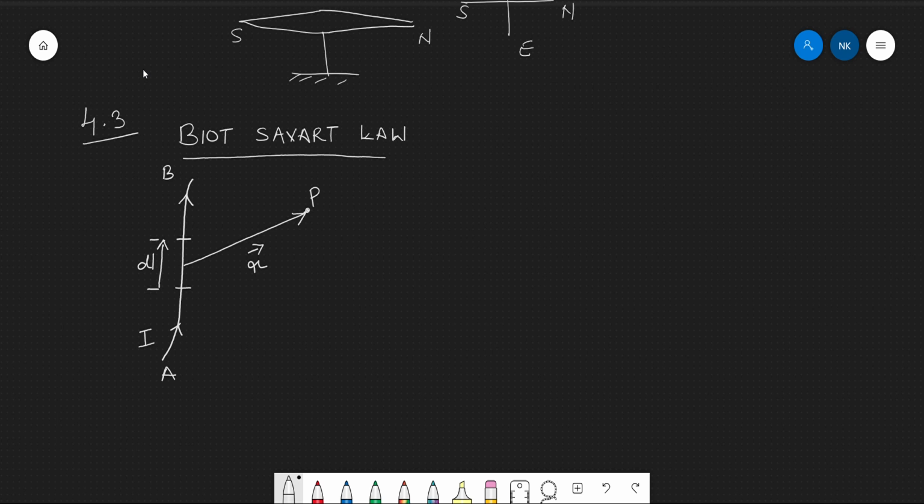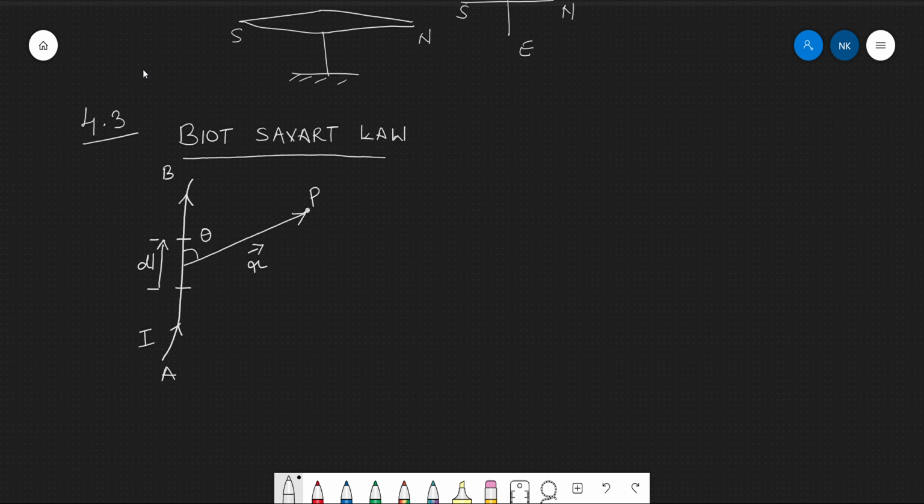Before that, I need to explain one more thing. Here you can see there is an angle. Let this angle be theta. Theta is the angle between the dl vector and the r vector.